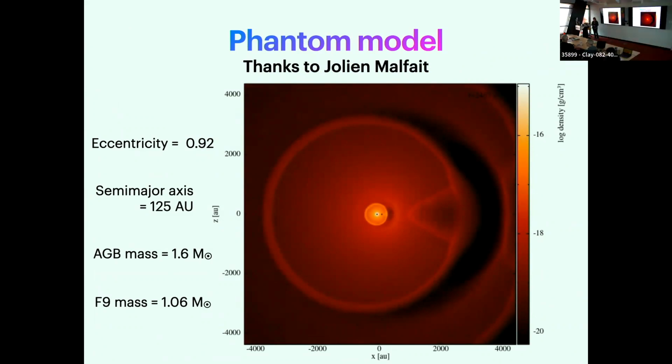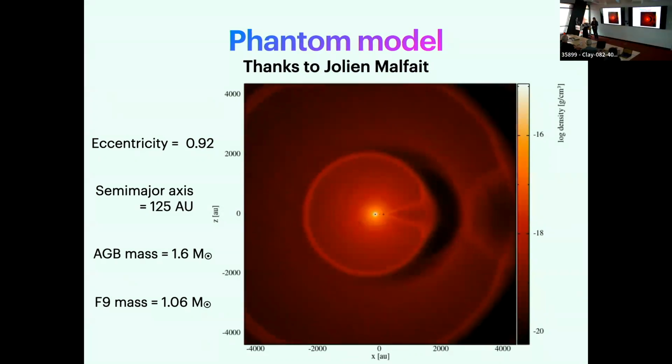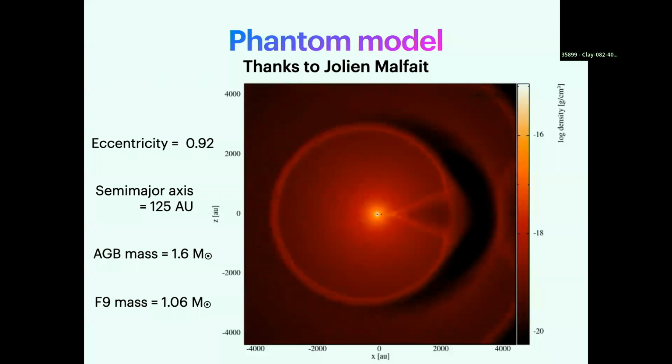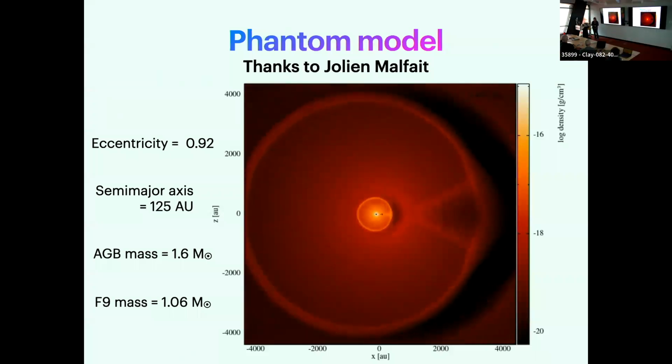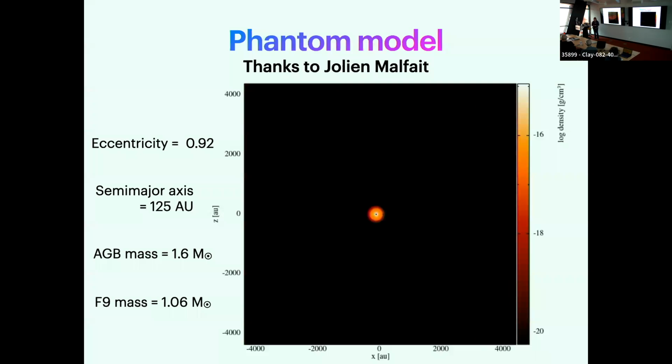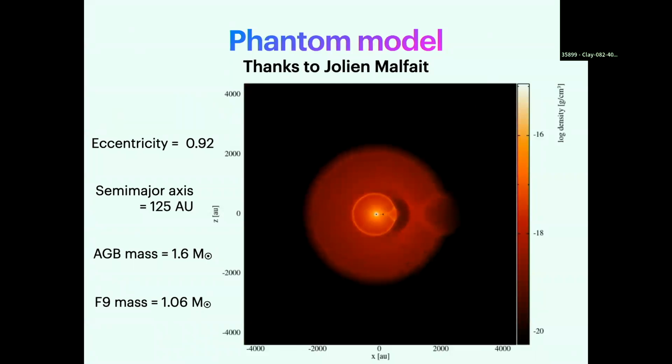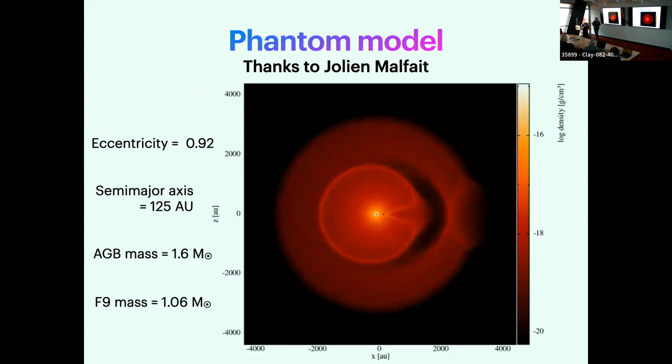Any other questions? Do you have a good idea about the eccentricity distribution for post-AGB binaries? Are all of them as eccentric as this one? Or do you have different structures created by, I don't know, more circular binaries?